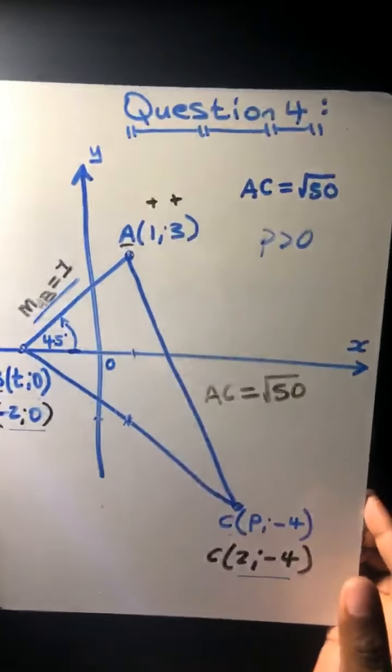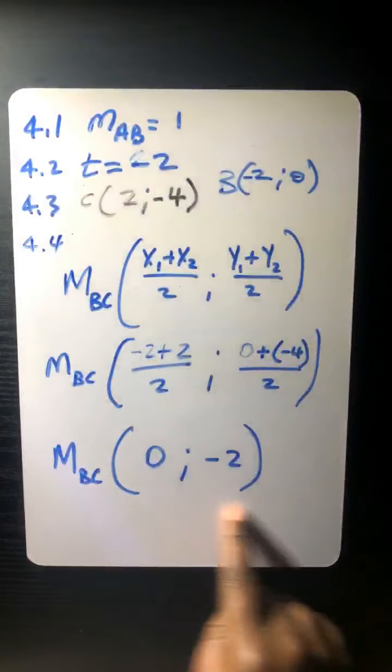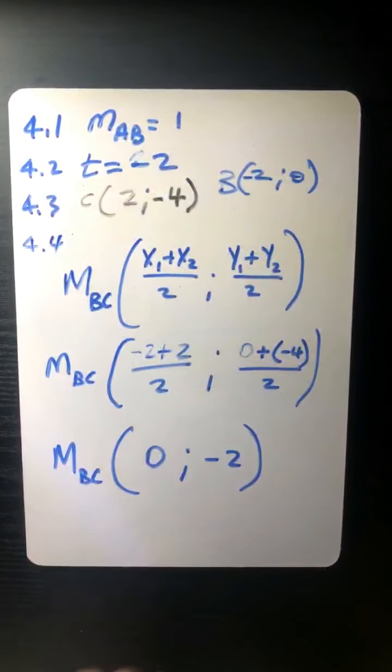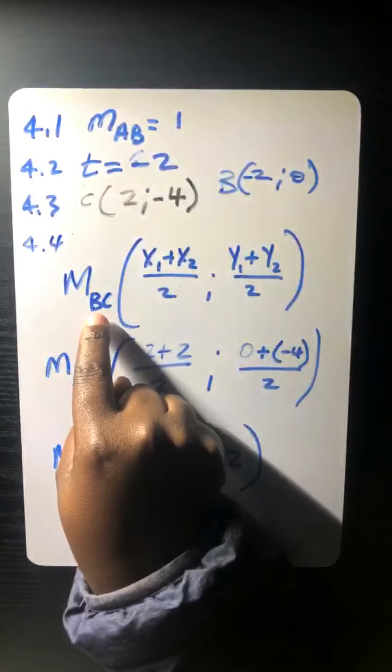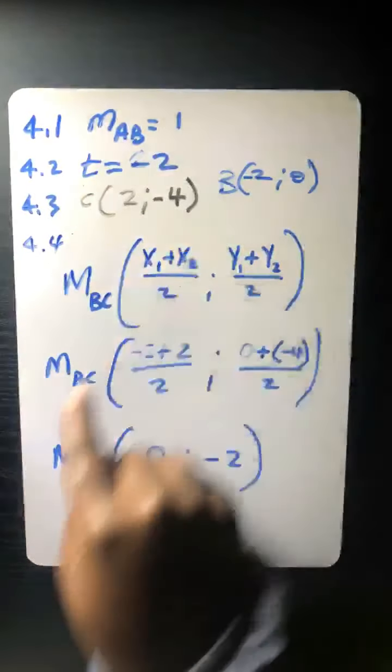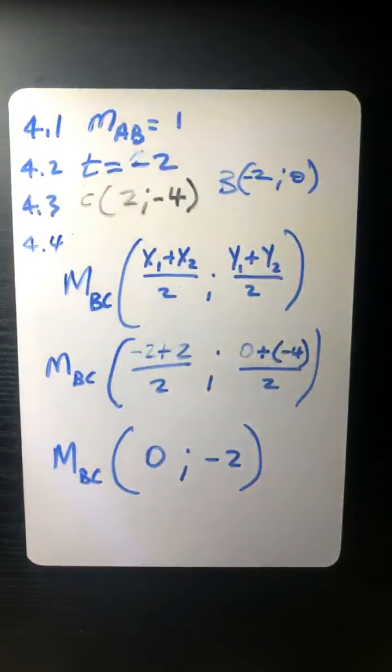So in answering this question, Shravan, you can just write it like this: the midpoint of point B and C, you substitute and then you give the final answer there.